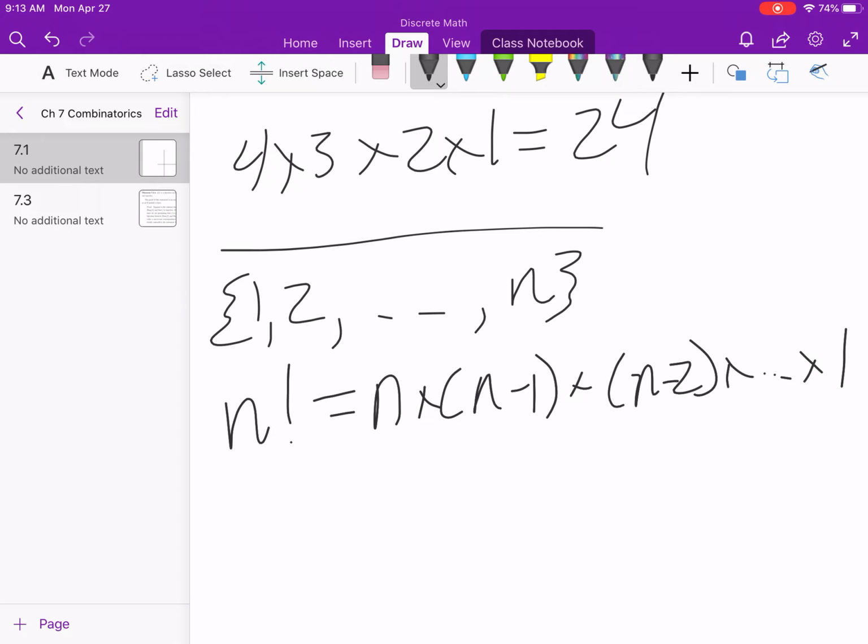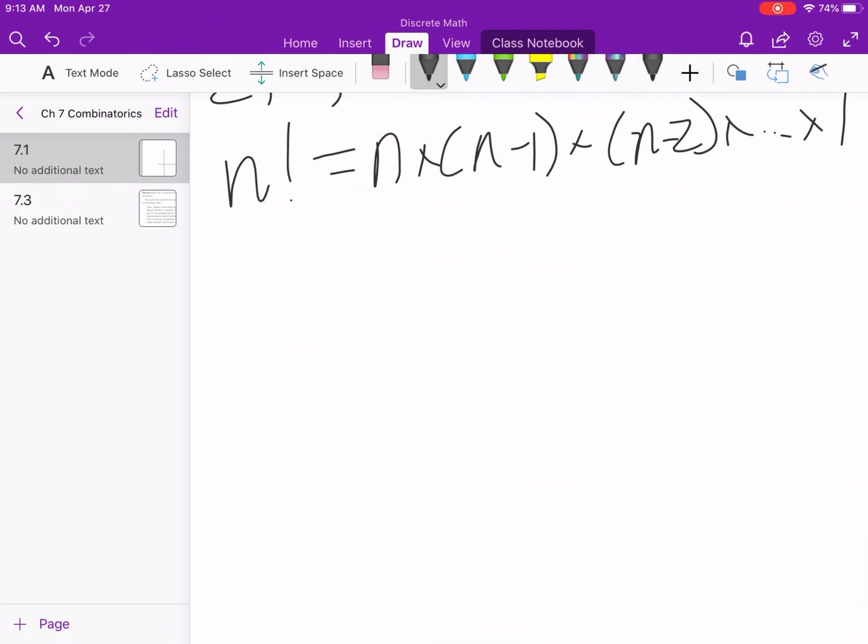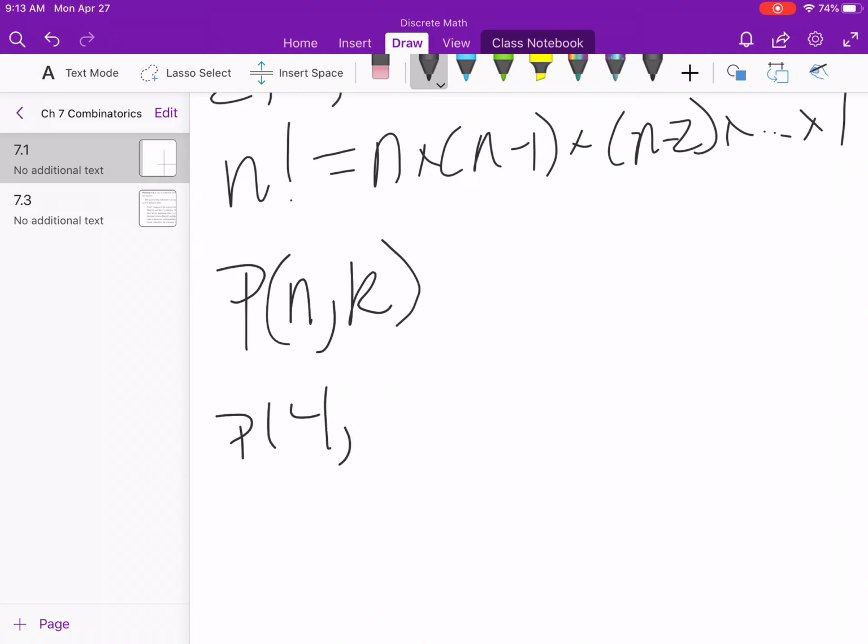Now we're introduced to this interesting notation, which is for when order matters. This gives us a slightly more general thing. We have this permutation, P of n, k. So let's say I want to figure out P of 4, taking them 2 at a time.